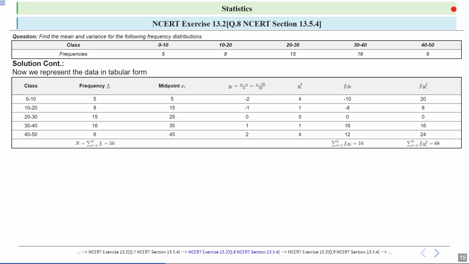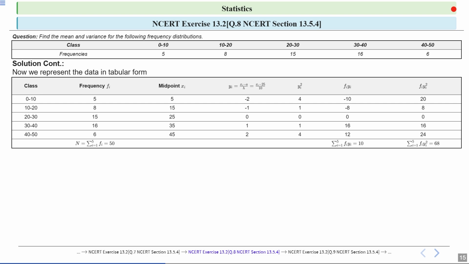In this table we added column 3 as midpoint xi and column 4 as yi, that is xi minus a divided by h, then in column 5 we have yi square, in column 6 we have fi times yi, and in column 7 we have fi times yi square.